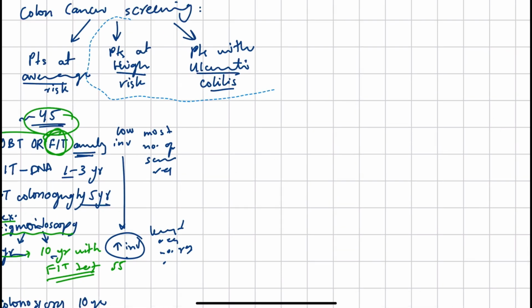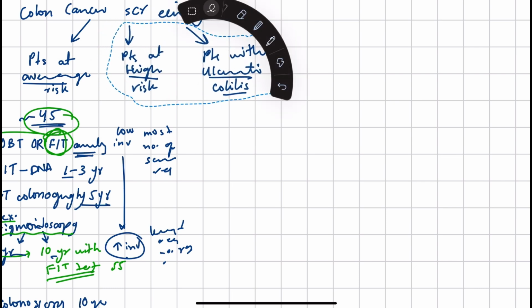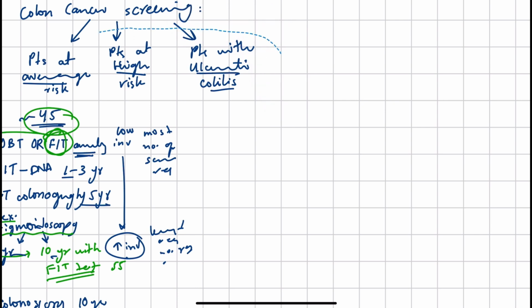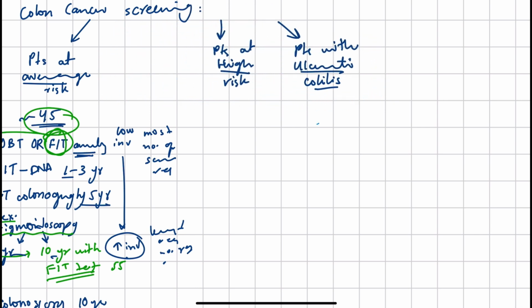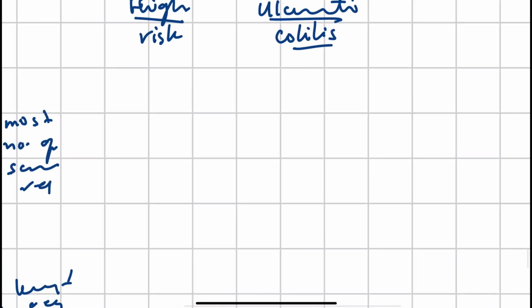For patients who are at high risk, we have two main things that we have to keep in mind. For high risk, you can either have a first degree relative like your dad, your mom, an uncle, and all of that stuff, or you could have adenomatous polyps. So these are the 2 things that put you at high risk.